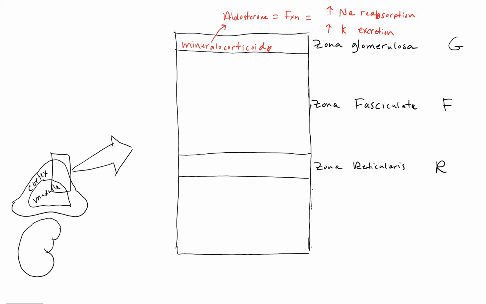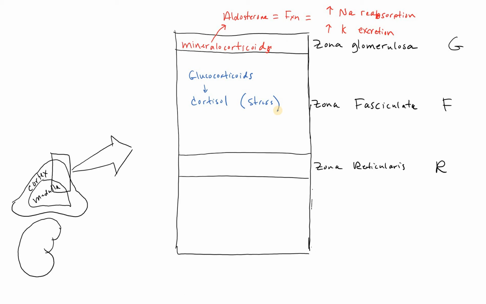Okay, the next layer, the zona fasciculata, this is where you find the glucocorticoids. Okay, like cortisol. Okay, cortisol is typically released in response to stress. And cortisol does a lot of different functions in our body.